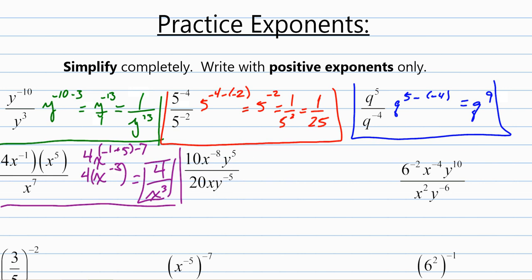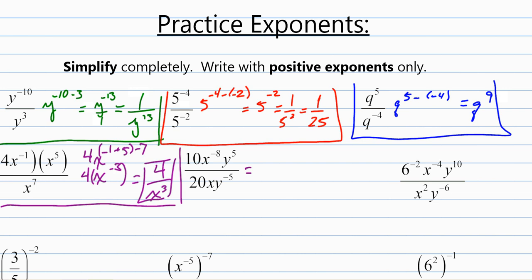Now let's see about this next one. I have 10 x to the negative 8 y to the fifth over 20 x y to the negative fifth. Some of you are tempted to cancel the y's right away. Don't do it. They don't actually match.